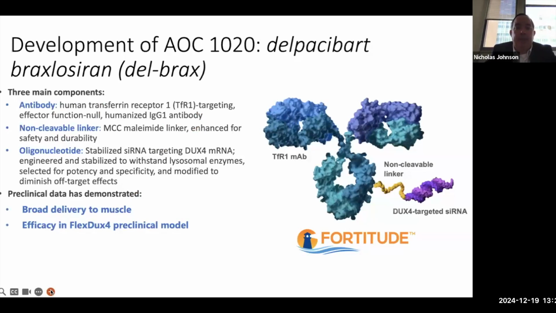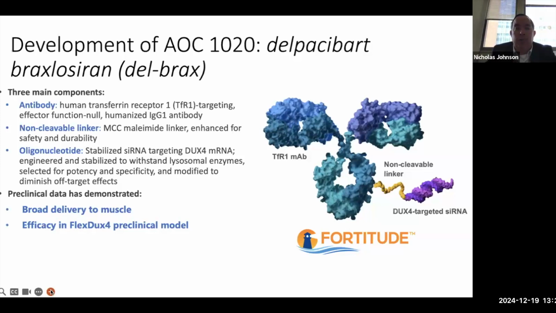And this is basically a 3-part compound. So one, it's a silencing RNA to the DUX4s. Like I said, it's a piece of RNA that will degrade the DUX4 expression. And that is bound to what's called a transferrin 1 antibody. So your body doesn't naturally take up RNA. It looks like a virus.